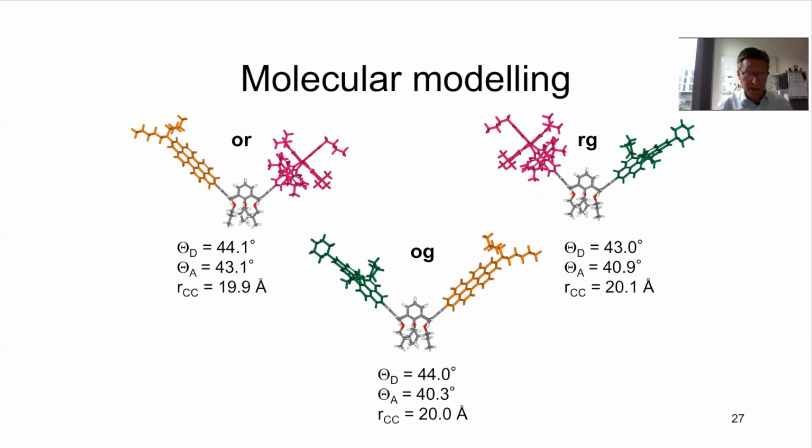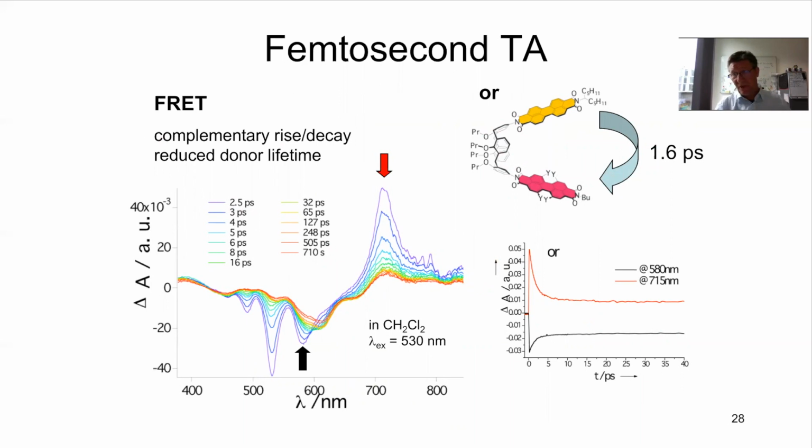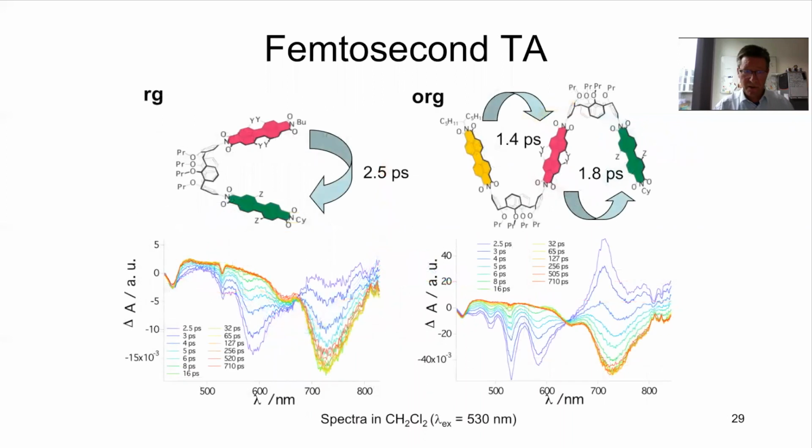That's not always the case, but with time-resolved spectroscopy, you can just determine how fast the excited state absorption of one converts into the excited state absorption of the other. And in this case, 1.6 picoseconds. For the other ones, it was also performed. So it gives you some information on the kinetics, how fast these processes go experimentally.